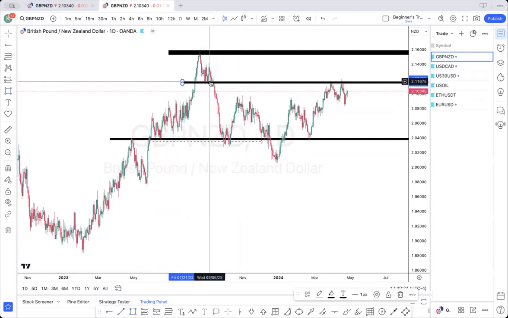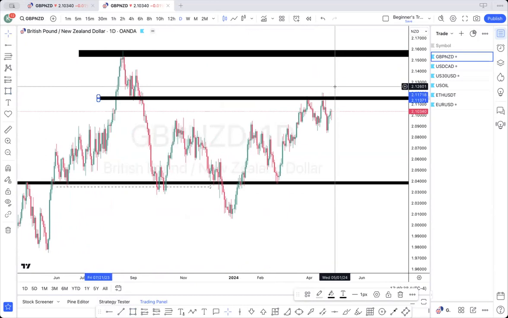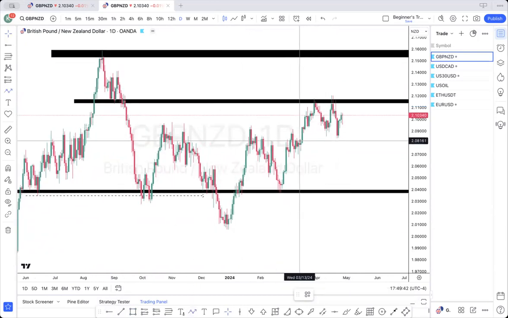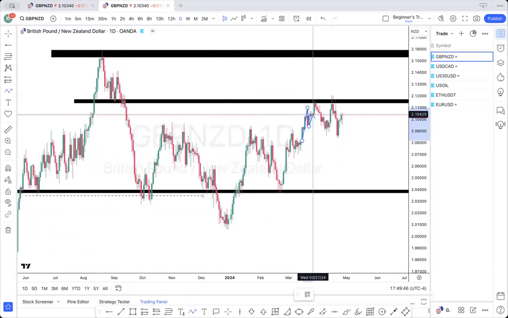Price came to that zone and reacted. Price came, pushed up, pulled back, broke structure here, and then broke structure here, right? So waiting for price to pull back to that zone, which it did.